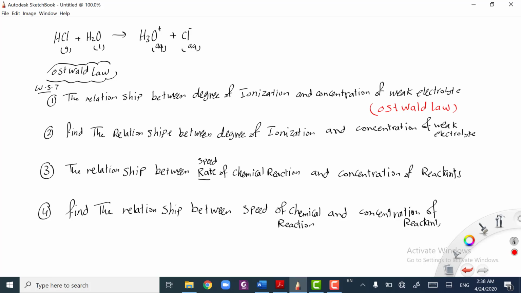The founder who found this relationship was Ostwald. The relationship between the speed of the chemical reaction and the concentration of the reactants is the law of mass action. Its founders were Guldberg and Waage.